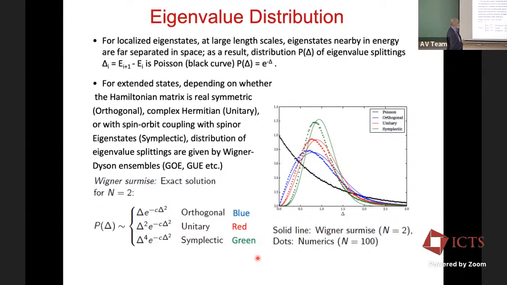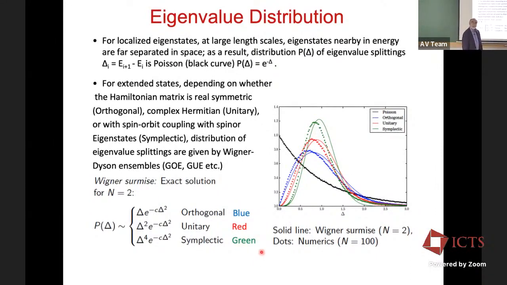And the dotted lines are actual numerical results for 100 sites. Okay, so the 2x2 does pretty well. And it certainly gets the right answer at small spacings, because it's basically two eigenvalues and two eigenfunctions that are interacting with each other, with all the other eigenfunctions being further away.